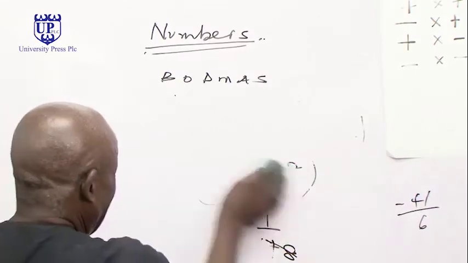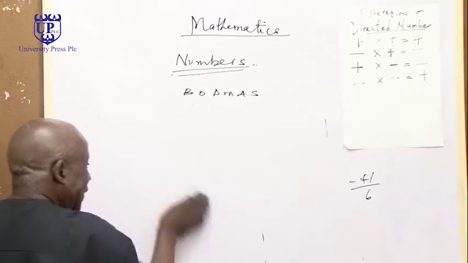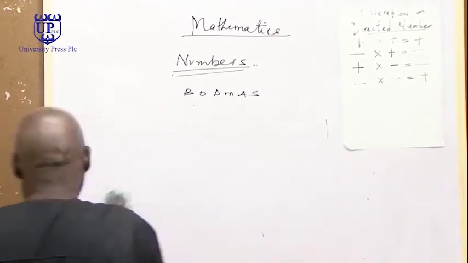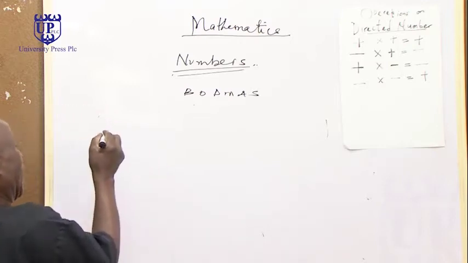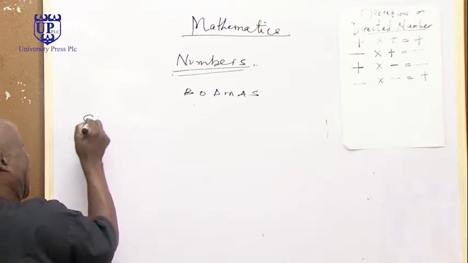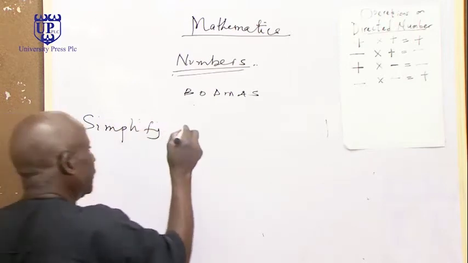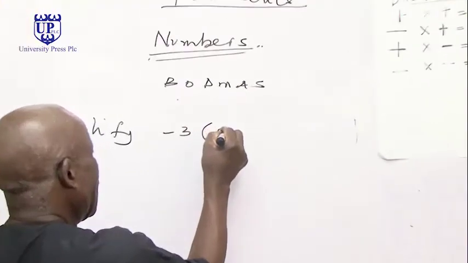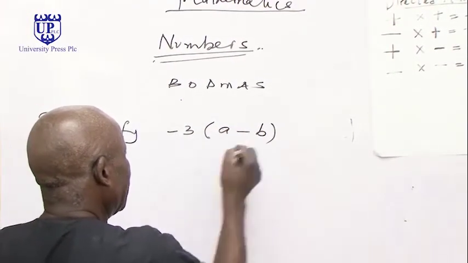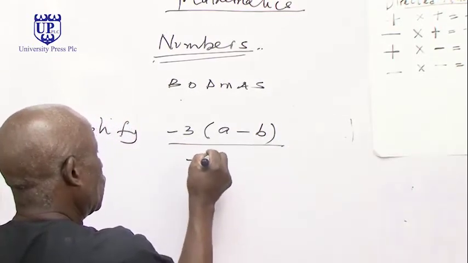You'll be wondering, why are we dealing with all this? You will see the reason now. A question is given, it says simplify: minus 3 into A minus B, all over minus 2.